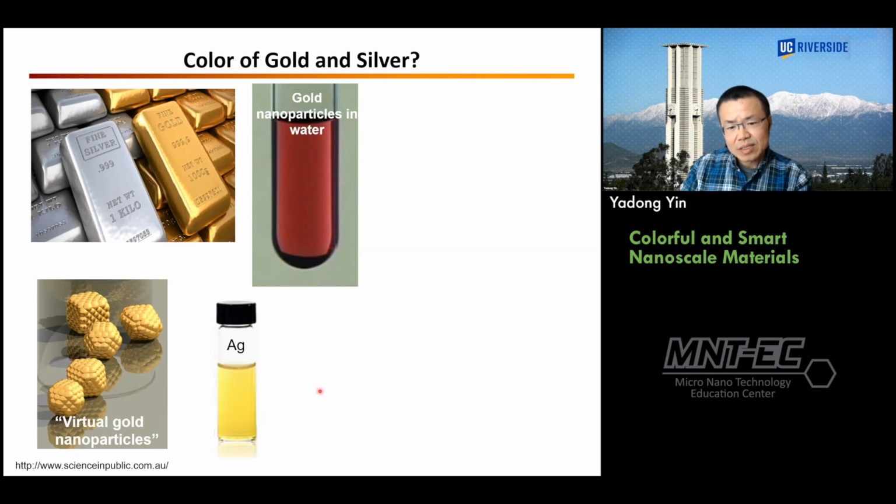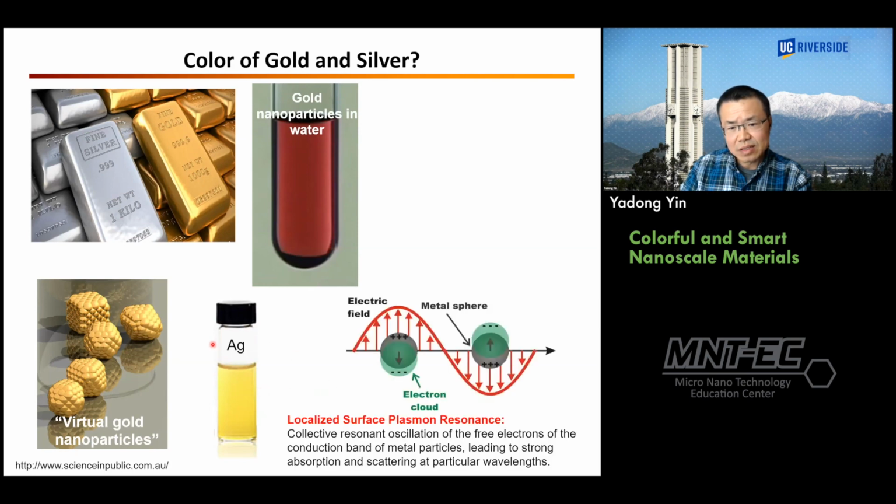Okay. And why is that? It's related to so-called localized surface plasmon resonance, or we just call it the plasmonic effect sometimes. Basically, that's the collective resonant oscillation of the free electrons of the conduction band of metal particles that gives us a very strong absorption and scattering at particular wavelengths. Light is an electromagnetic wave, right? And you have an electric field.